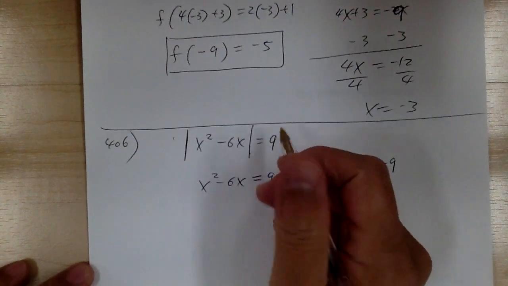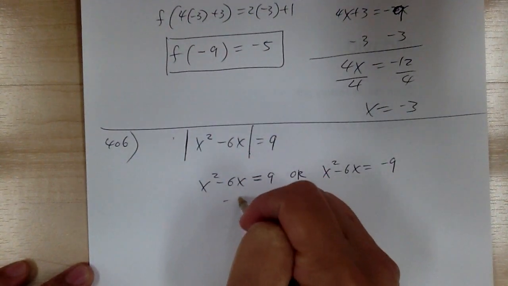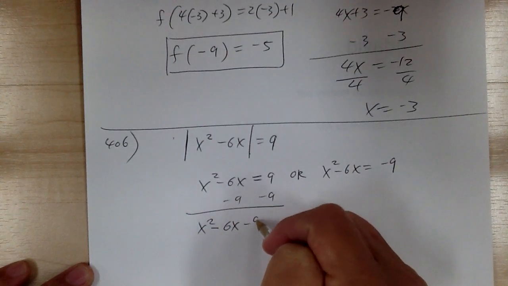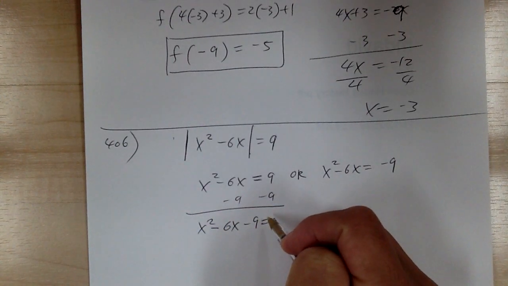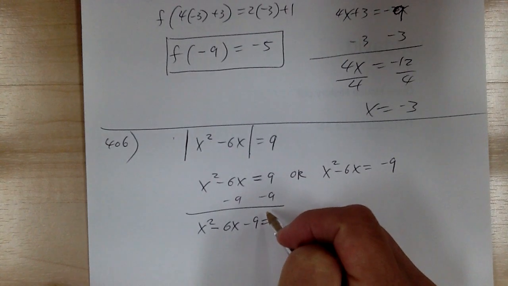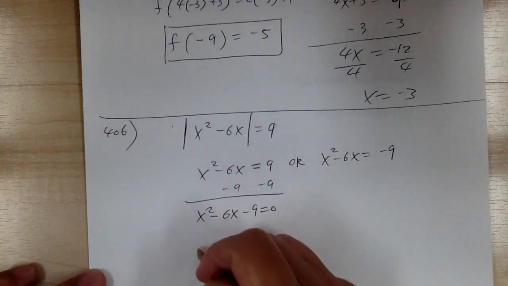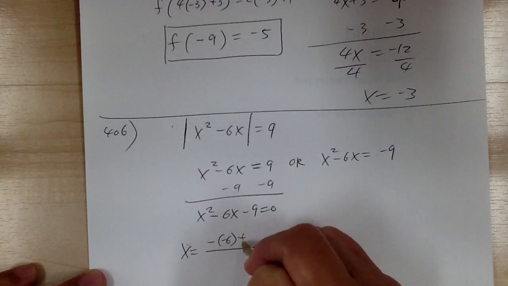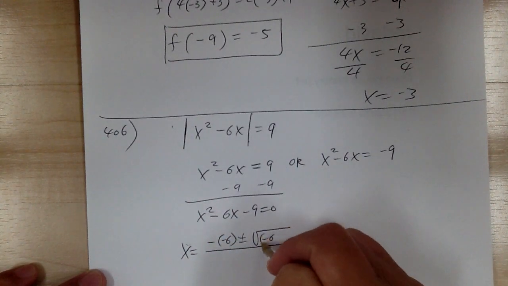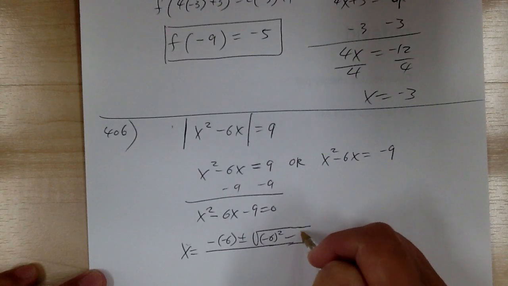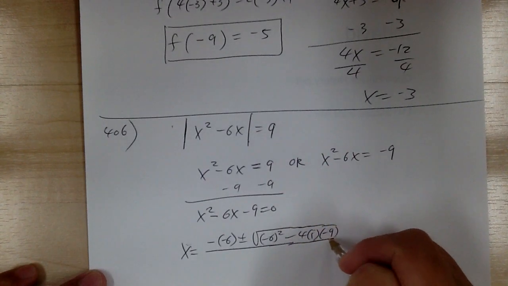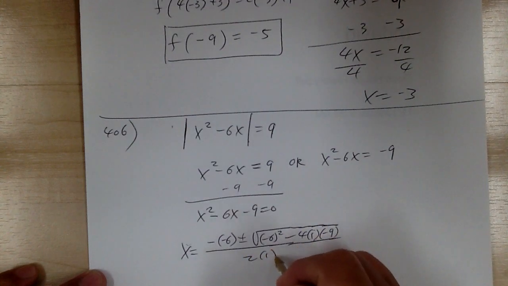Okay, then from here you can solve. So subtract 9 on each side. You get x squared minus 6x minus 9 equal to 0. And from here you can solve by the quadratic formula. So x equals negative b plus or minus the square root of b squared minus 4ac, over 2a.